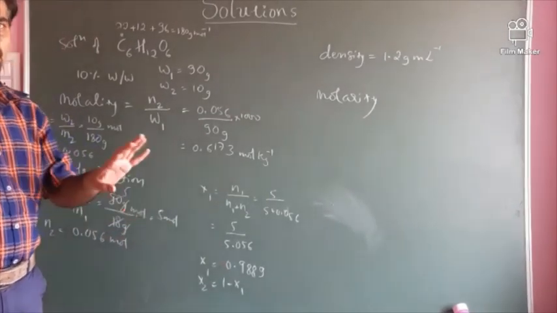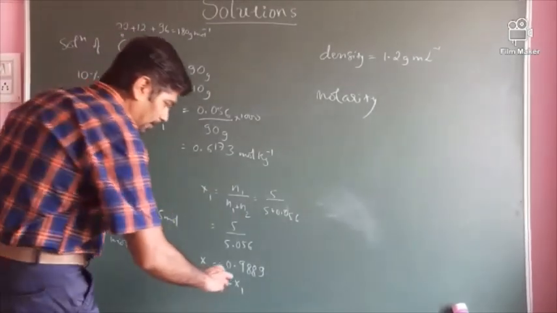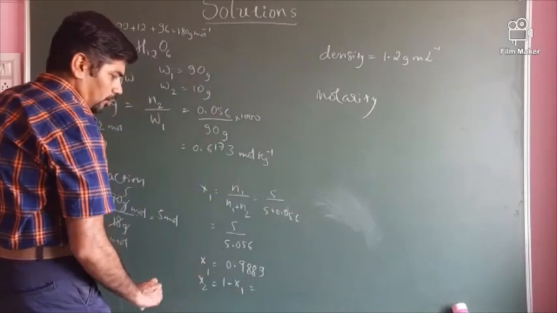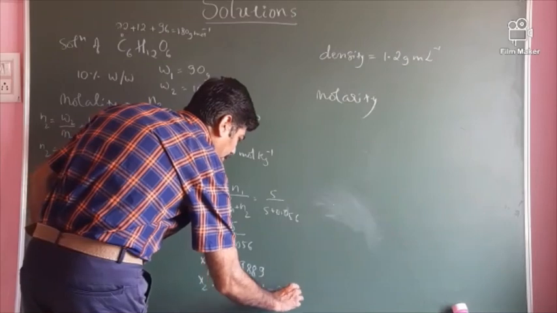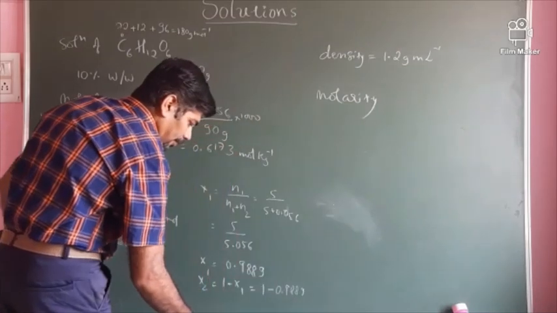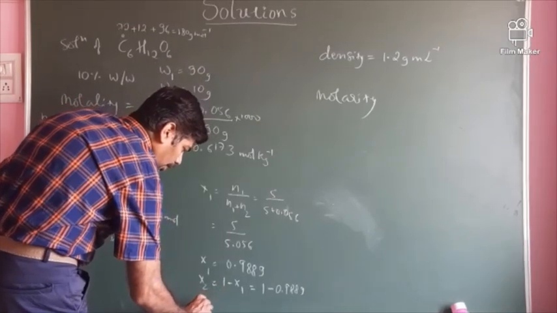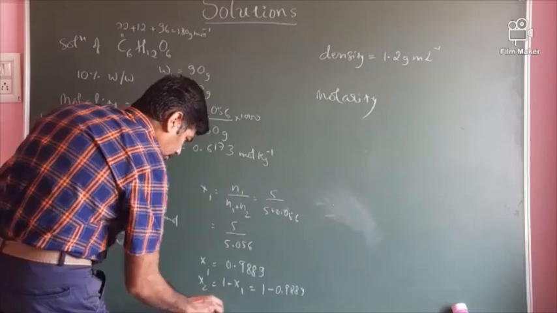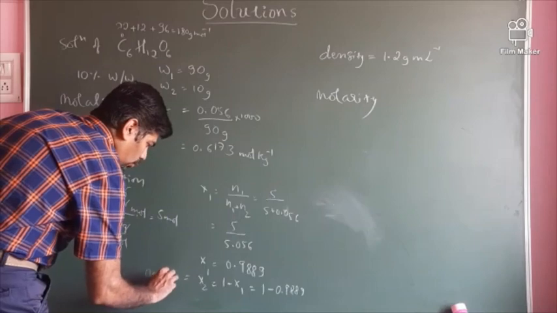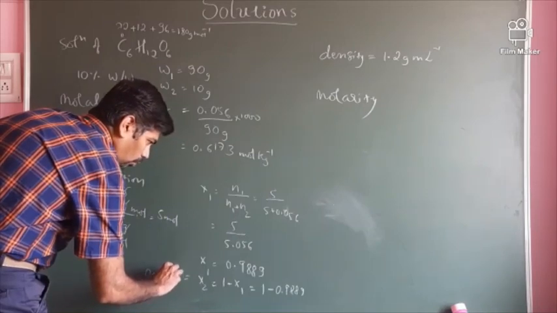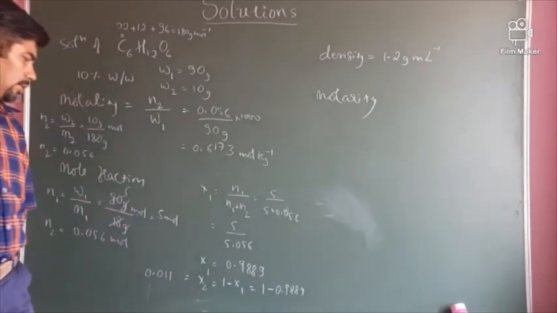Here there are only two components, glucose and water. So simply X2 is equal to 1 minus X1, which comes to 1 minus 0.9889. So X2 is equal to 0.011. I have approximated it.